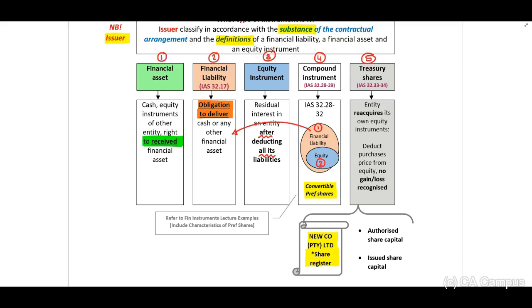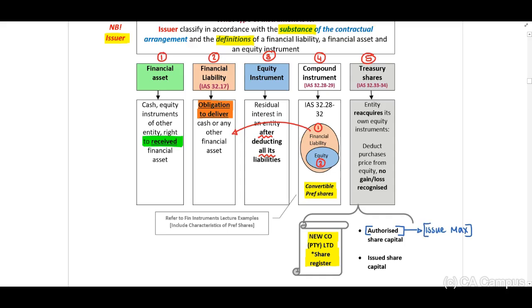When you register the entity with Sub-C, you need to register the authorized share capital. Now, this is the number of shares that the entity may issue going forward, but this will be the maximum number of shares.